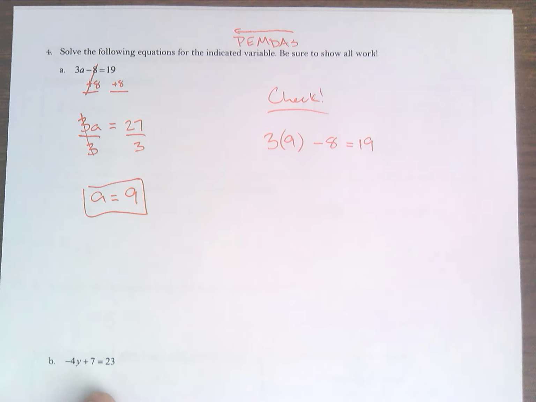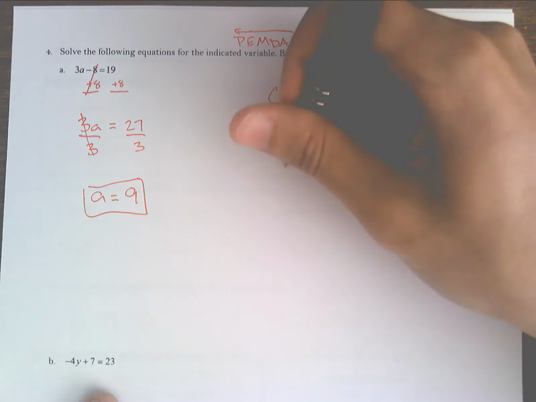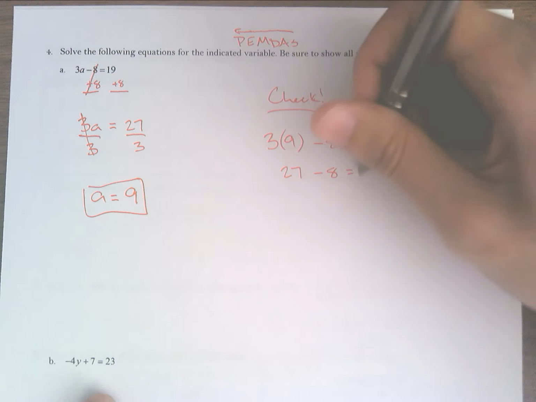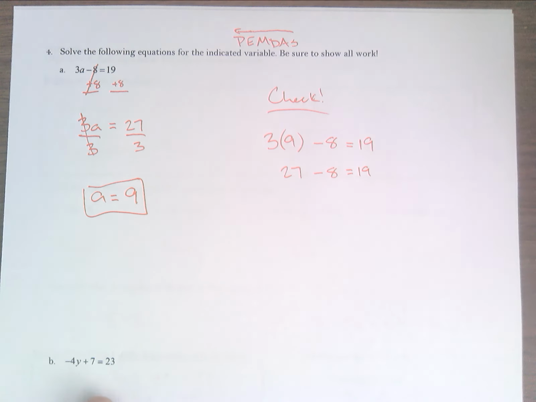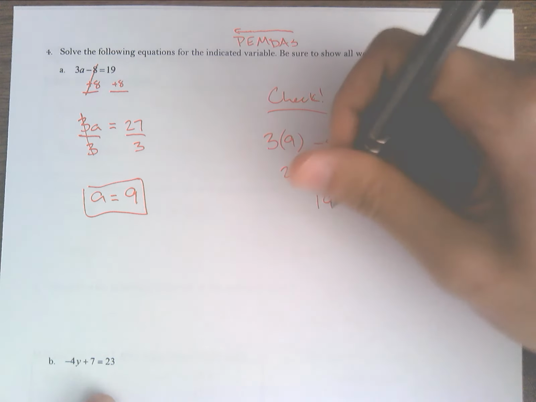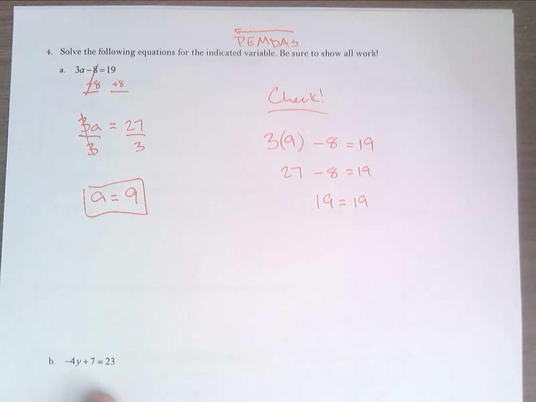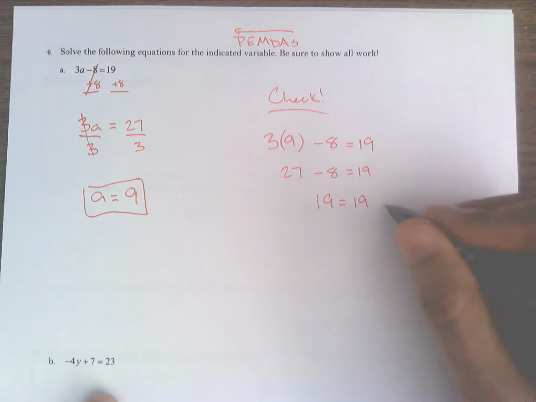So we have 3 times 9, which is 27, and then we'll bring down the rest. So minus 8 equals 19. 27 minus 8 is 19, and bring down the rest, equals 19. Well, does 19 equal 19? It sure does, so we did that correctly.